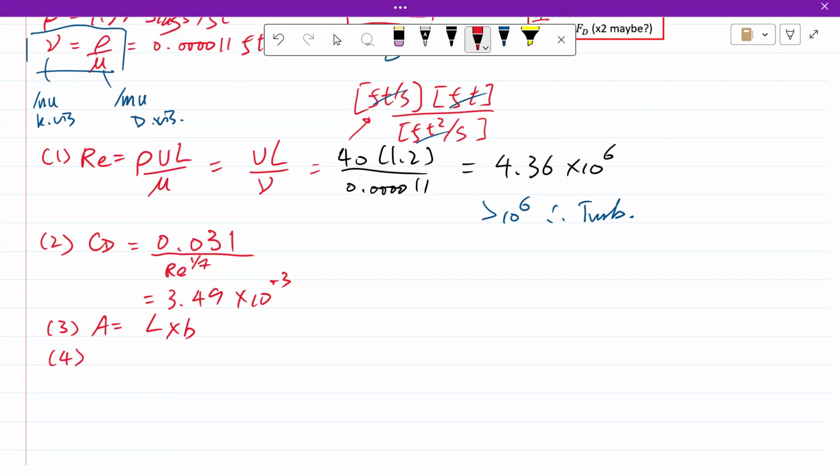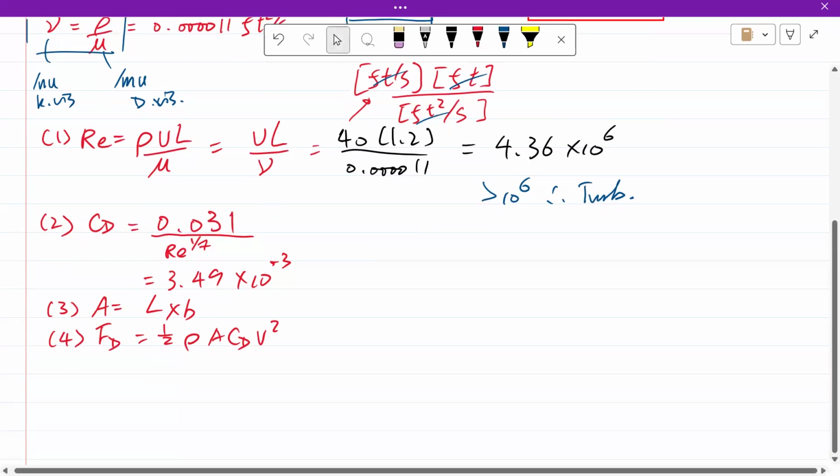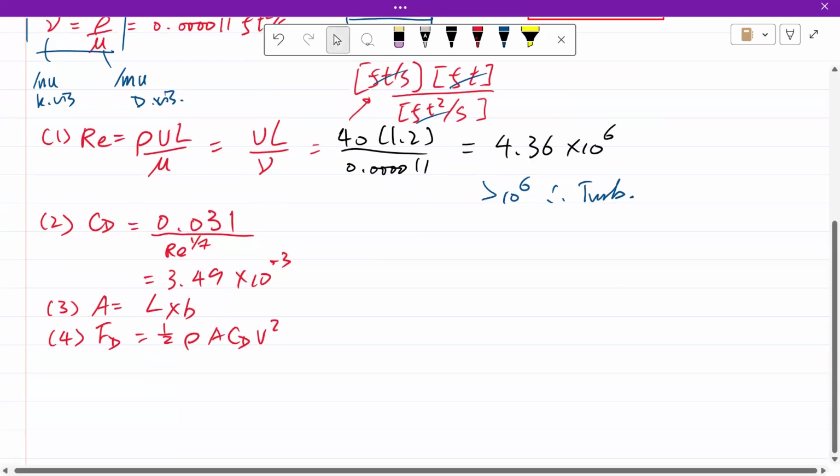Bringing us to step 4, finding the FD. FD is equal to half rho A CD V squared. Plug all the numbers in.